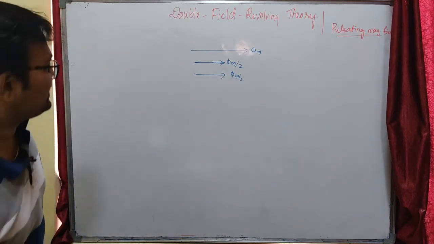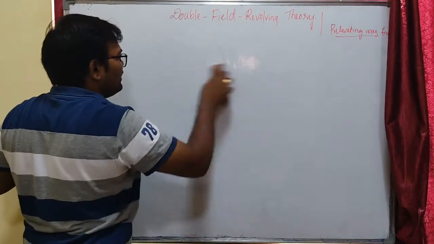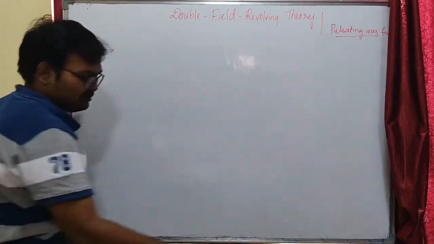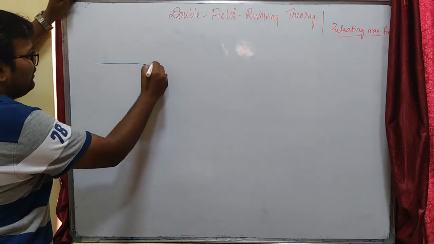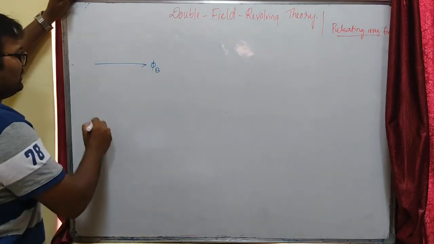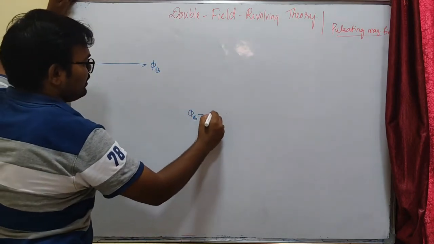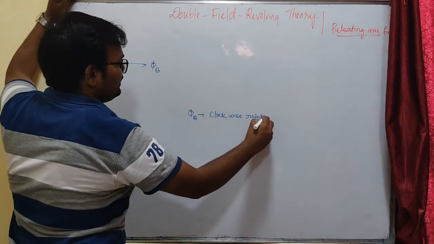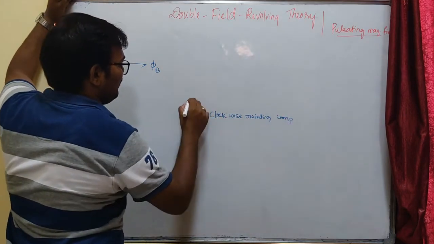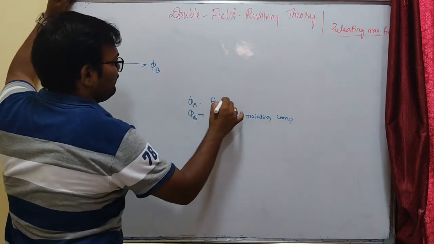Now let us try to understand the rotation. What is the resultant flux at different angles? First of all, let us consider this is our phi b, which is nothing but the clockwise rotating component. Phi a is the anti-clockwise rotating component.